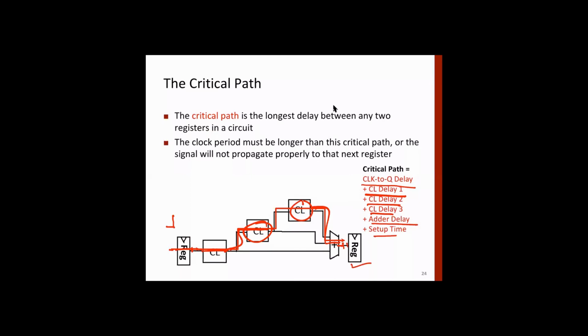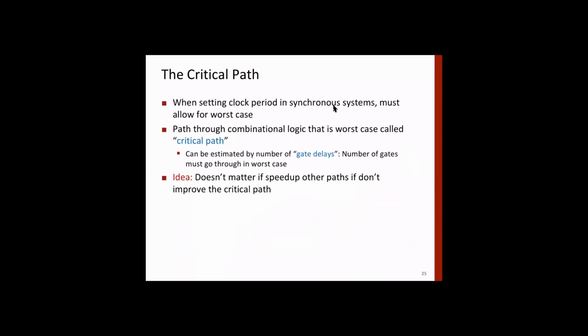So the output has to be stable for at least the setup time. Add this. All these define the maximum time that is required between two registers, and that has to be less than the clock period. Okay, all right.